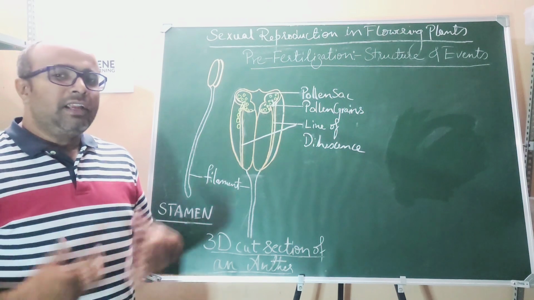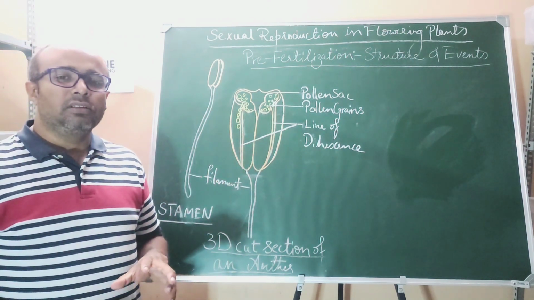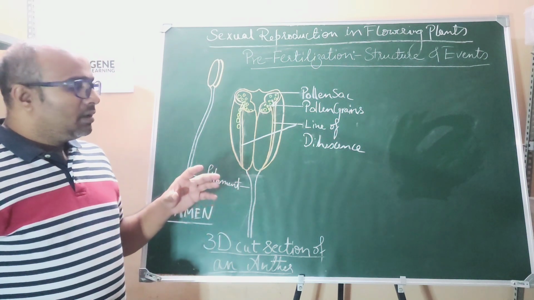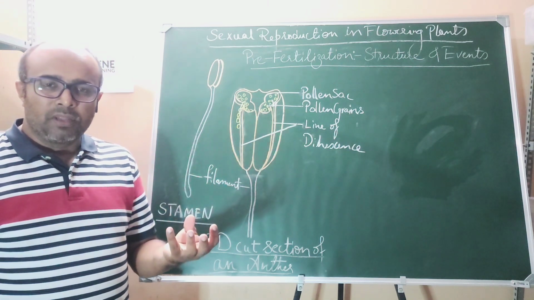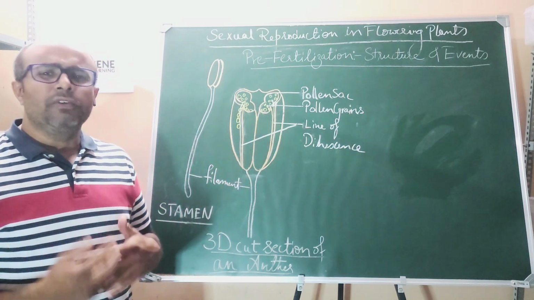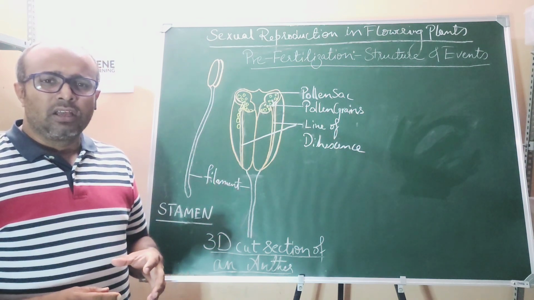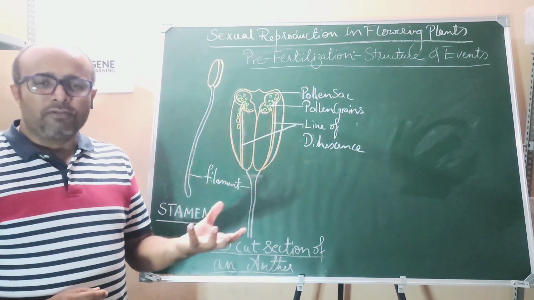Now let us talk about the second subtopic, that is prefertilization, structure and events. Before a plant could develop a flower, there would be a lot of internal changes with respect to hormones and other reactions, which are the real cause for the production of flowers.